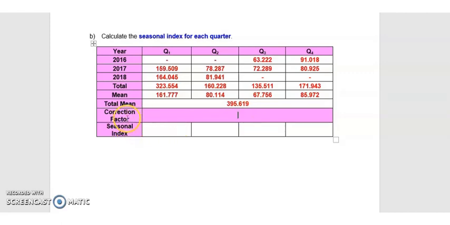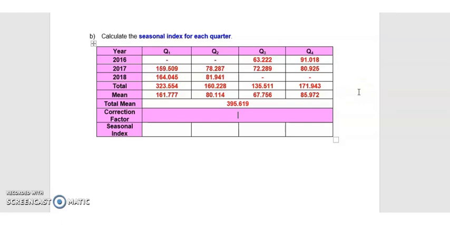Okay, again, look at here, correction factor. Recall in simple moving average, when to calculate the correction factor. Look at the total mean. If we have 4 quarters, supposedly we should get 400. So if the total mean we get is less than 400 or more than 400, it means that it is not exactly 400.